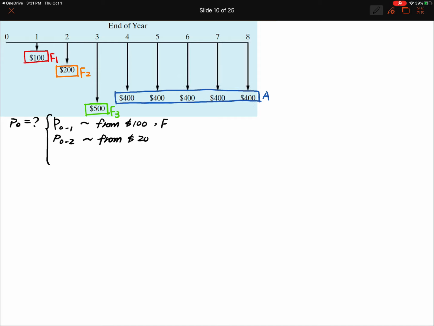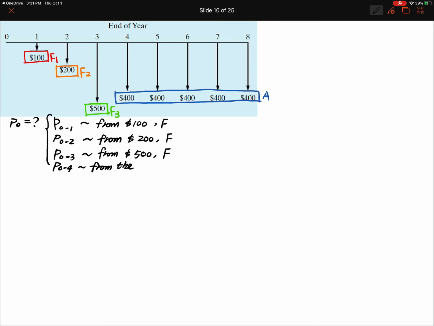So second part is from 200, and also it is a type of future cash flow. The third part is from the 500. Okay, again it's a future value.